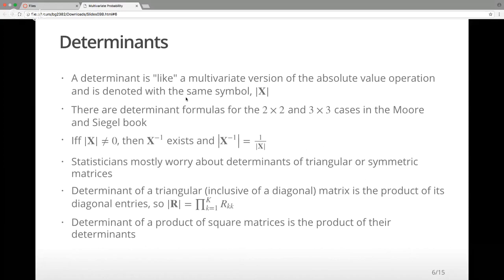If the determinant of a square matrix is not exactly 0, then the inverse of that matrix exists, and the determinant of an inverse of a matrix is equal to the reciprocal of the determinant of the original matrix. And so this idea, if the determinant is not 0, then the inverse exists, is kind of a nice property in theory. So any square matrix is almost surely going to have an inverse.